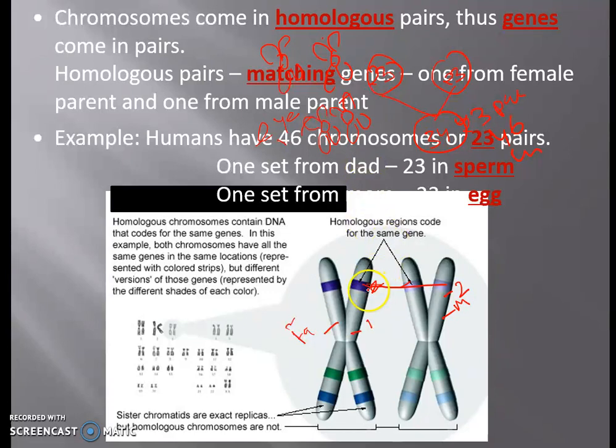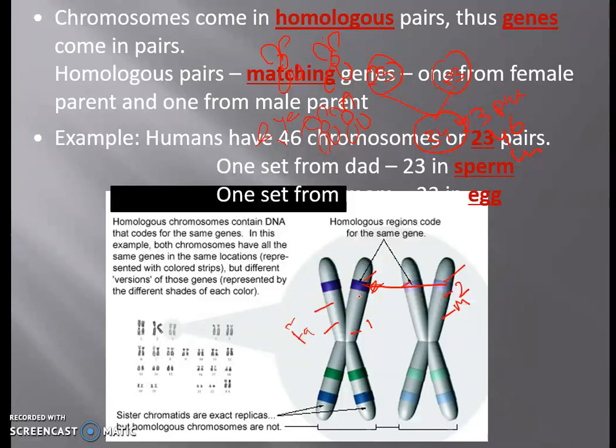If you look at these two chromosomes, suppose this is coming from your father and this is coming from your mother, they will have the genes for, let's take the example of eye color, in the same location. So every gene is in a pair, and these genes are on the pairing chromosomes, which are called homologous chromosomes.